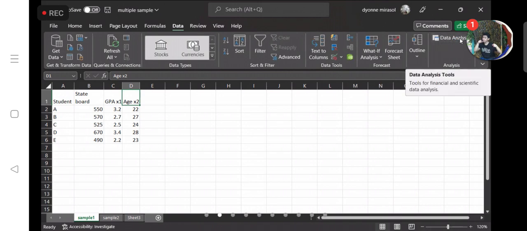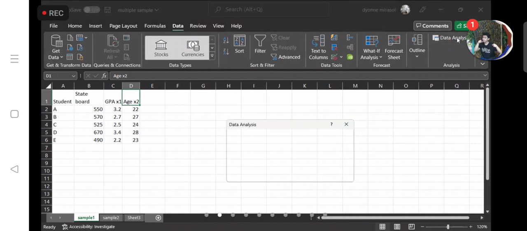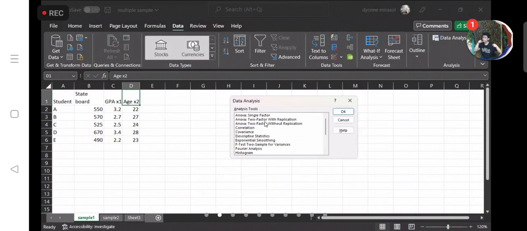In Data Analysis, a table will appear with analysis tools: ANOVA, correlation, covariance, histogram, and all the other tests. So, for today, we will use regression.